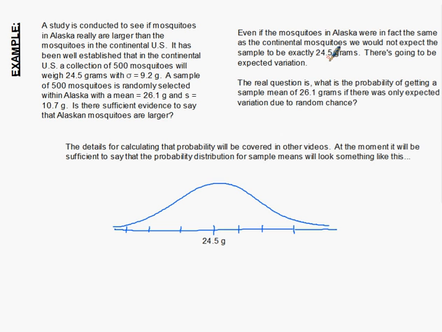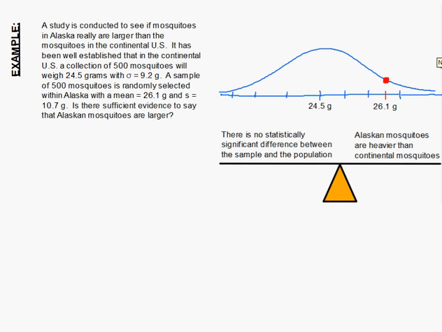So we have a population mean. We can plug that in. Now we have the sample mean of 26.1. We have to kind of figure out where that might be. It's certainly going to be higher. All right, we can look at it maybe over there. And that's just an estimate. What we need is our measure of spread. And that gets us our standard deviation of sample means. And then we could do it much more precisely. But for the moment, we're just going to do a ballpark what-if kind of scenario.